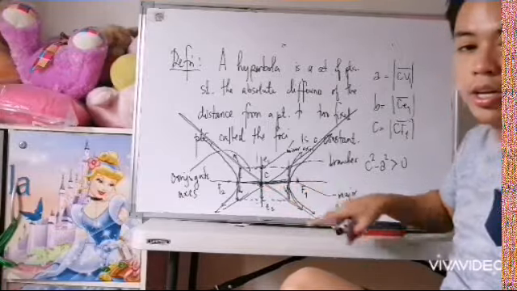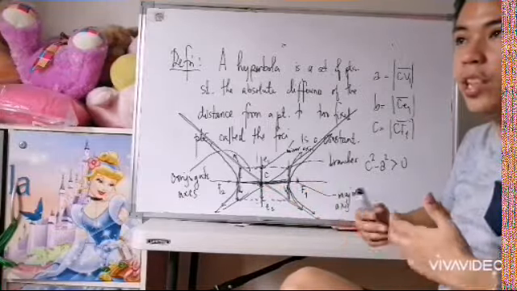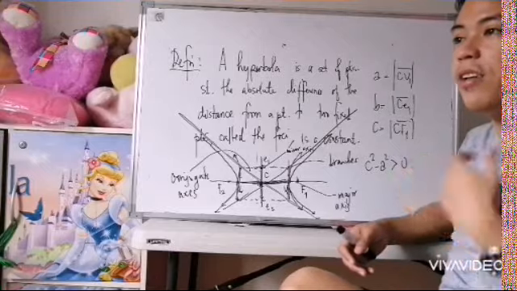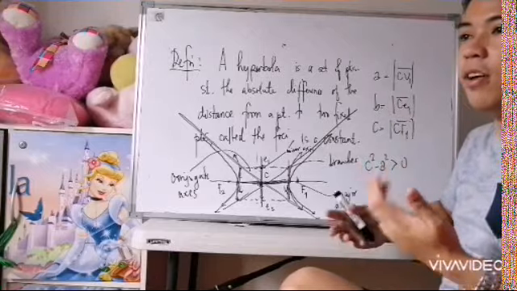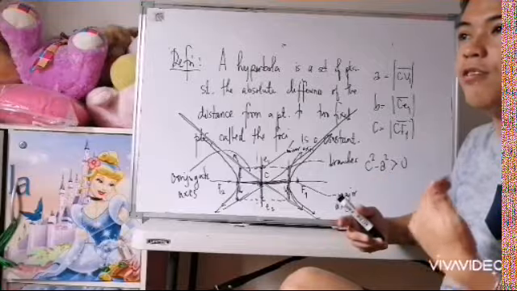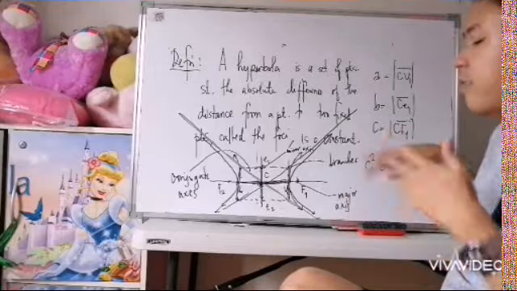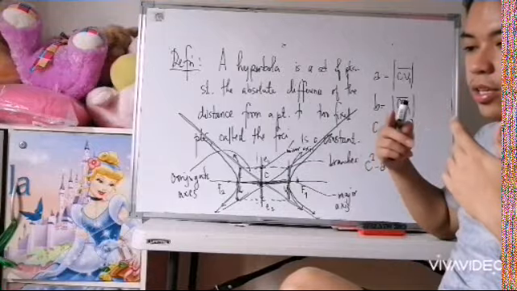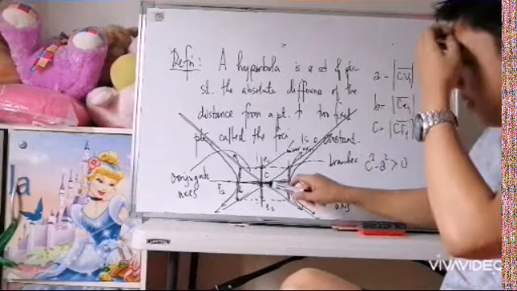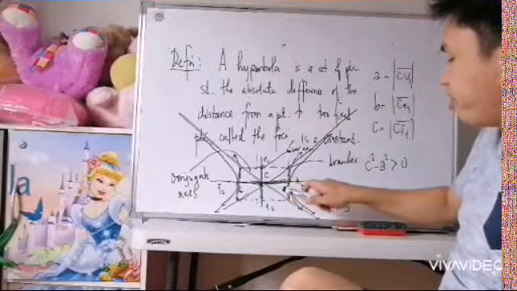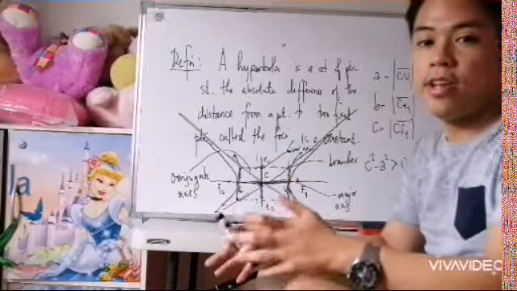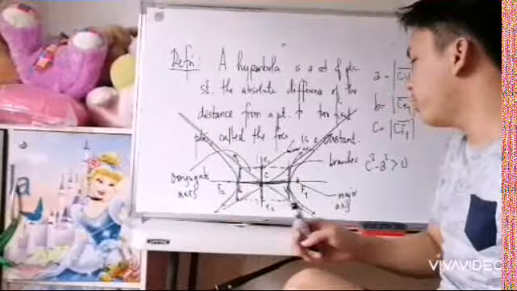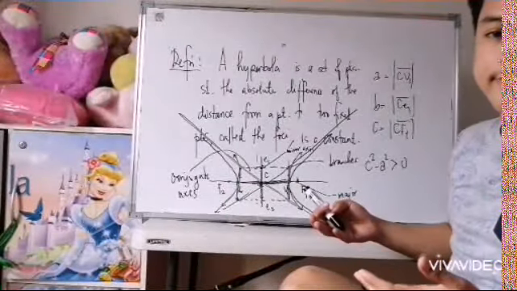Unlike the ellipse, in which the distance from the center to the vertex is larger compared to the distance from the center to the focus, this time it's quite different. The center to the vertex is lesser compared to the center to the focus. That's it.